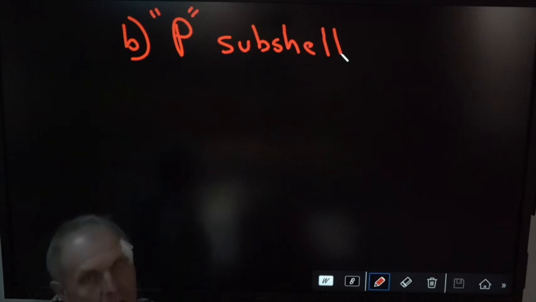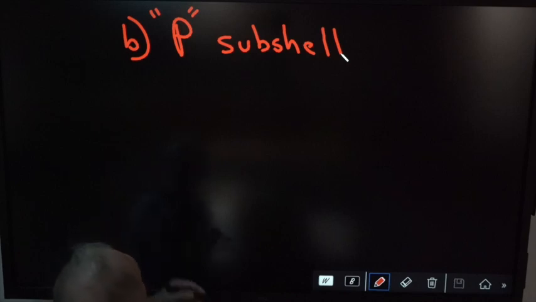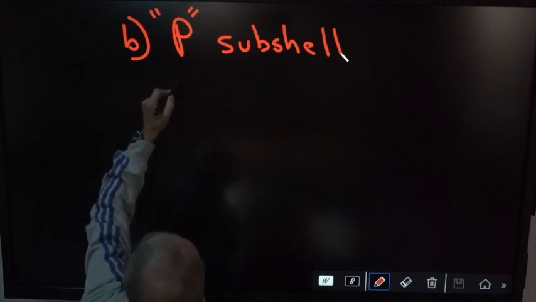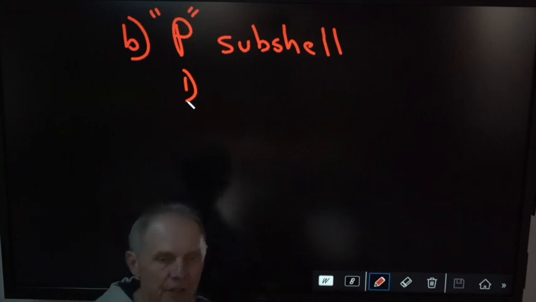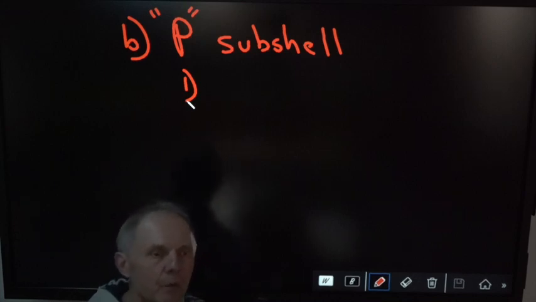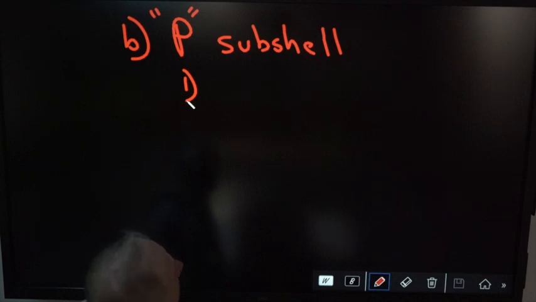The P subshell. Okay? That's the next most stable. And for number 1, I'll just tell you what the max is and we'll move on. The max number of electrons in the P is 6.